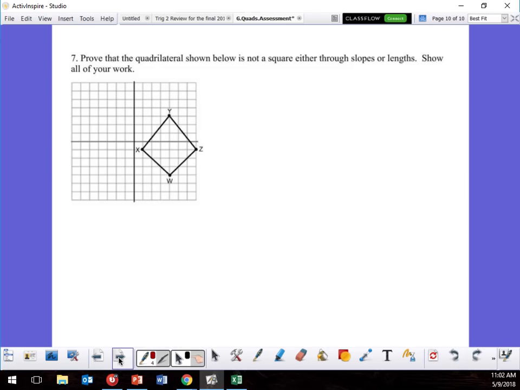This diagonal from here to here, is that on the line? Yeah. If it's on the line, what could I do to figure it out? Count it, right? So what is XZ? It's 1, 2, 3, 4, 5, 6. And YW? 1, 2, 3, 4, 5, 6, 7.